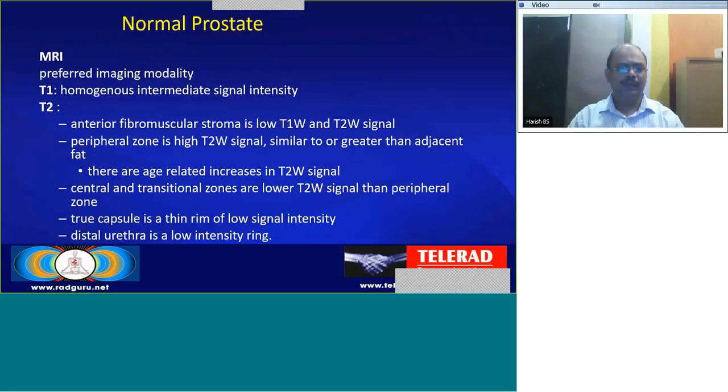The MRI is now the preferred modality of choice for the evaluation of the prostate, especially in malignancy of the prostate. The normal prostate appears homogeneously intermediate signal on T1. On T2, the anterior fibromuscular stroma is of low intensity on T1 and T2.